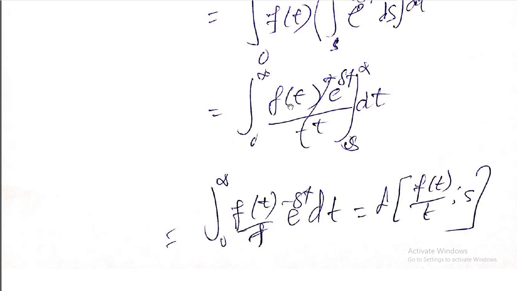That's why we have f of t over t, e to the power minus st.